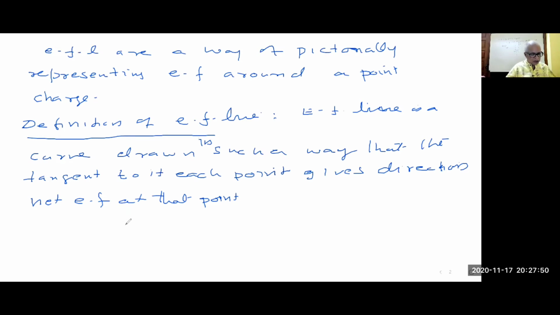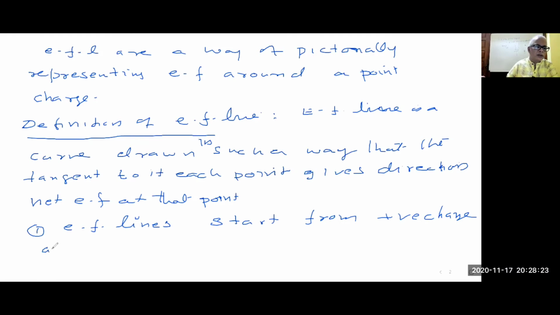From this definition, you'll come to certain properties of electric field lines. Earlier we were taught it's the path taken by a unit positive charge in a field. The first property: electric field lines start from positive charge and end in negative charge.